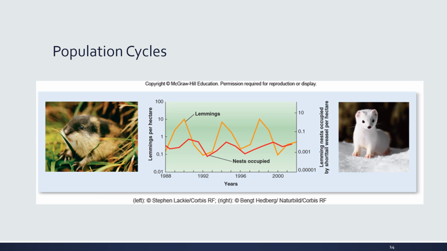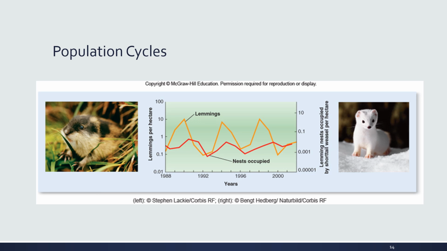So what we see with these population cycles, in this case, is a lemming, which is a little rodent type creature, and a mink or some type of predatory animal that eats the lemmings, not lemons, but lemmings. So the lemming population is going to be dependent on the predator population, and the predator population becomes dependent on the lemming population.